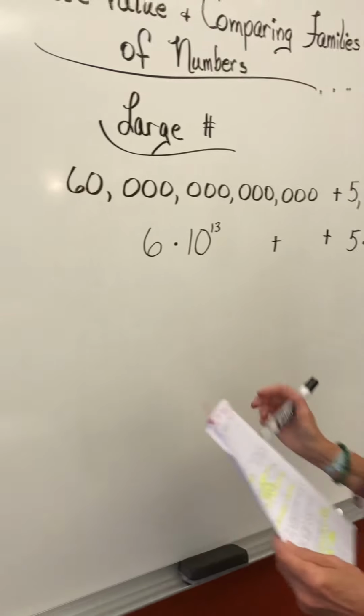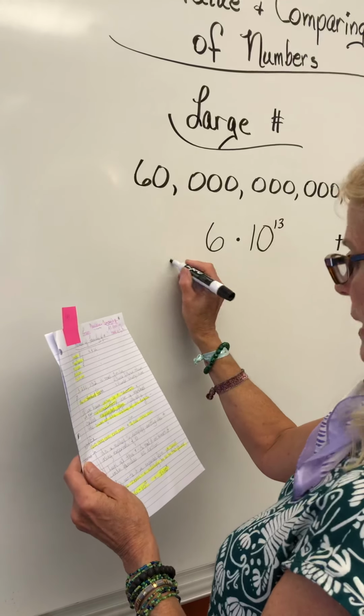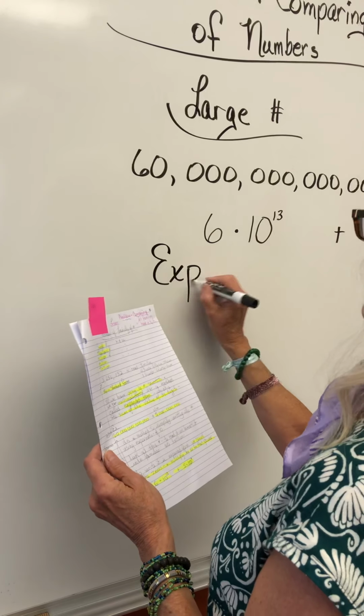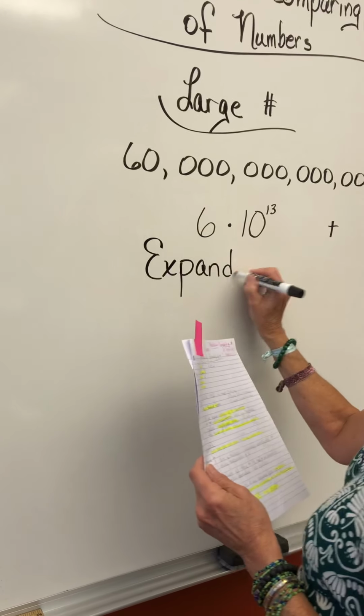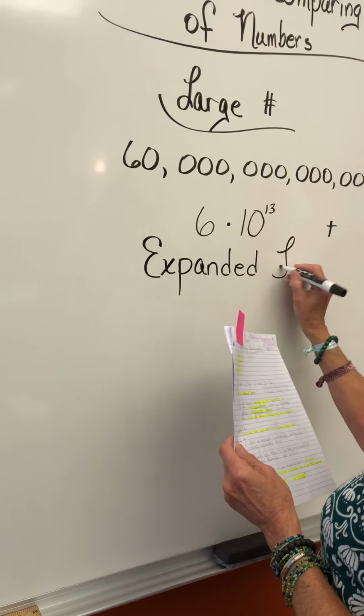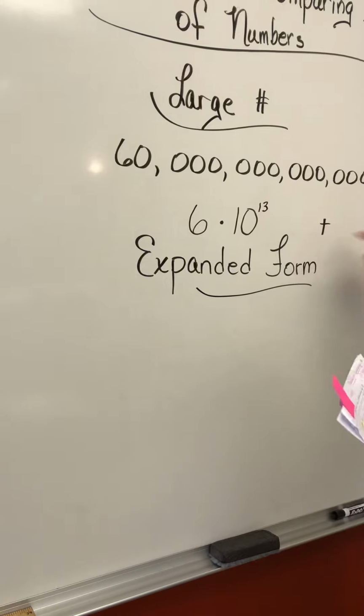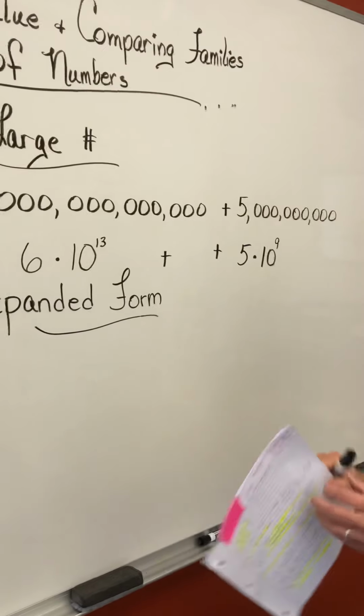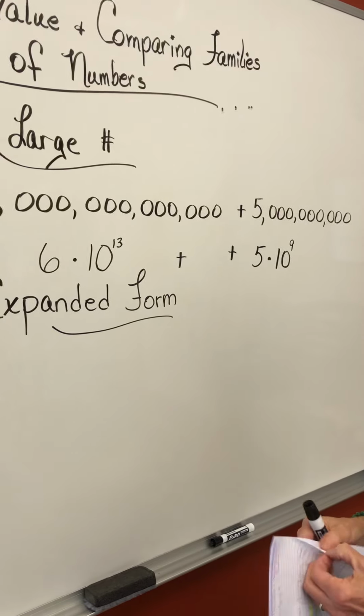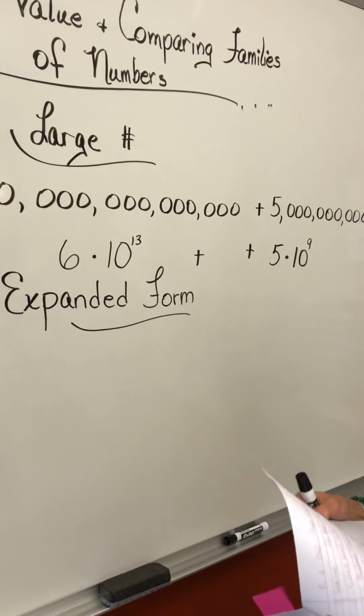And this is called expanded form. Right, when we want to abbreviate these that way, and we're using powers of 10 with that.